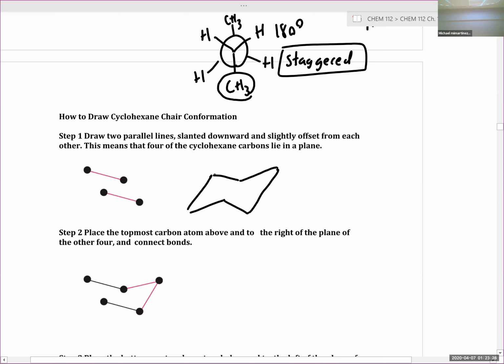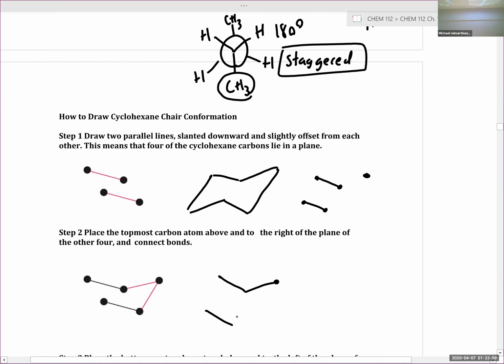And the process that I've used to teach students how to draw cyclohexanes is first and foremost, we draw two parallel lines. Okay, so each dot on the line is a carbon. Okay, next we're going to place our topmost carbon as a dot. So we have our two parallel lines, and we're going to place our topmost carbon as a dot.